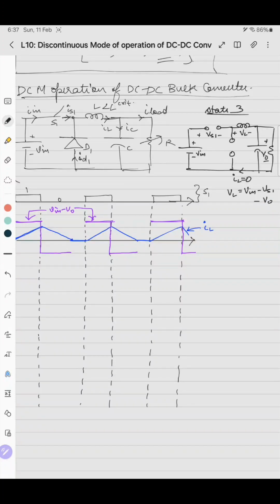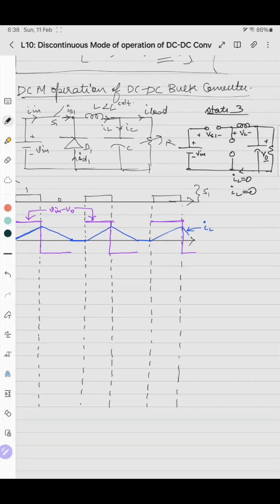In this case VS1 equals V0, because when the switch was off and the diode was on, VS1 was Vin. Here IL becomes 0.